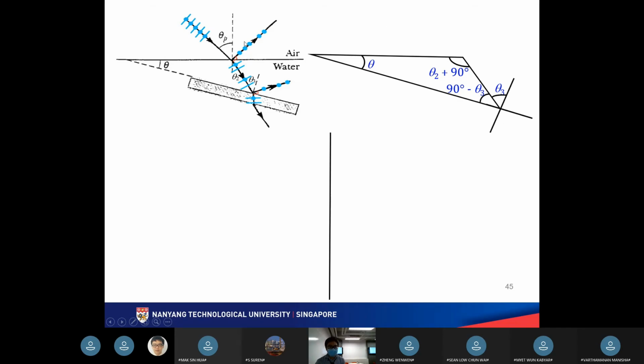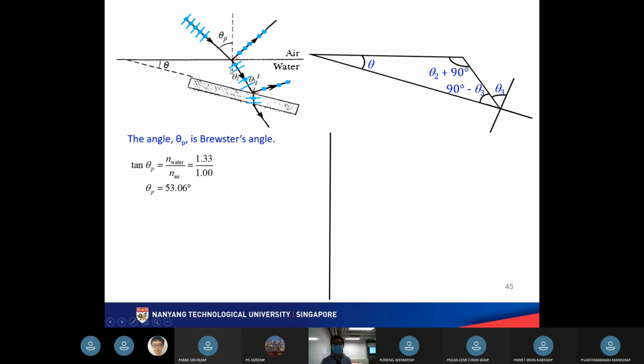At the first interface, theta p is the Brewster angle, so tangent theta p should equal n of the transmitted side divided by n of the incident side. The transmitted side is water, the incident side is air, so that is n water divided by n air. I get theta p is about 53 degrees.